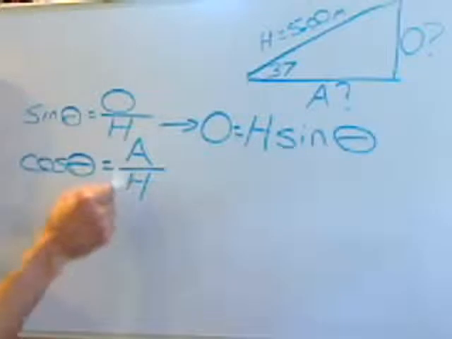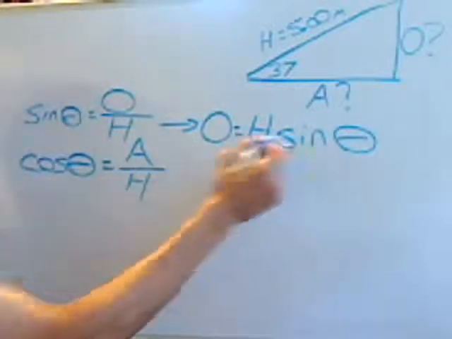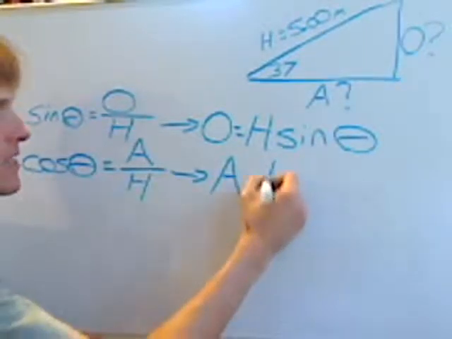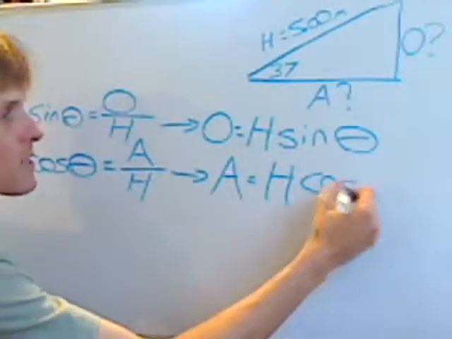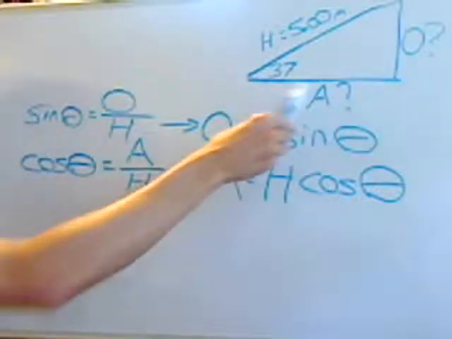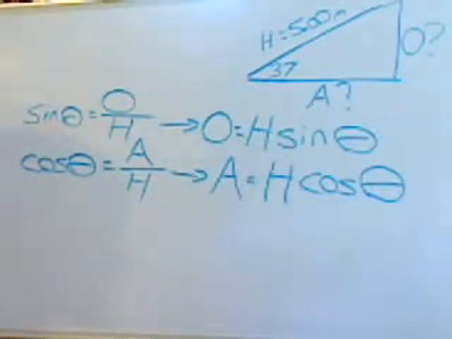So if we multiply both sides of this by h, we're left with a very similar equation, but for the adjacent side. The adjacent side is h times cosine of theta. Okay, so now we can use these two equations and solve for O and then A. And this is something we'll be doing a lot, particularly early on this semester.